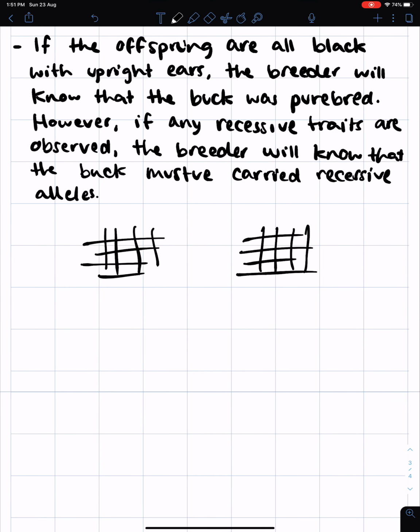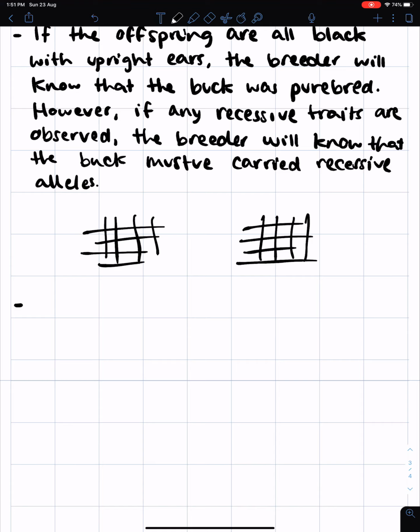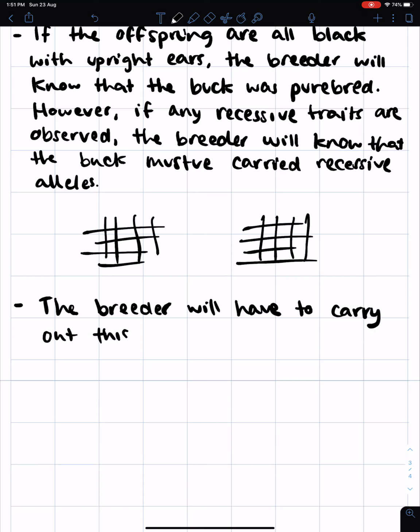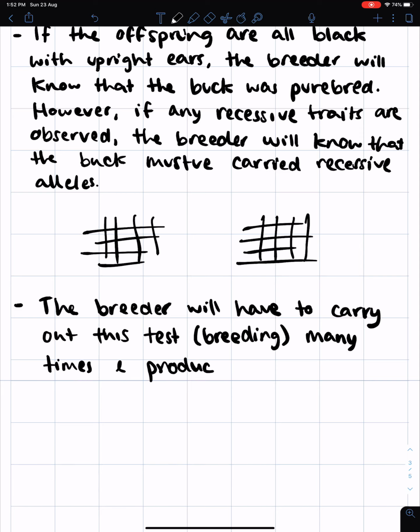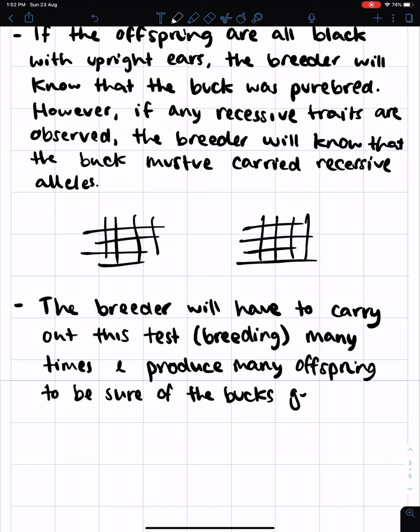Now, this is your excellence component that you have to have. Please do not forget this, because this is your guaranteed excellence at the end: the breeder would have to carry out this test, or breeding, many times and produce many offspring to be sure of the buck's genotype.